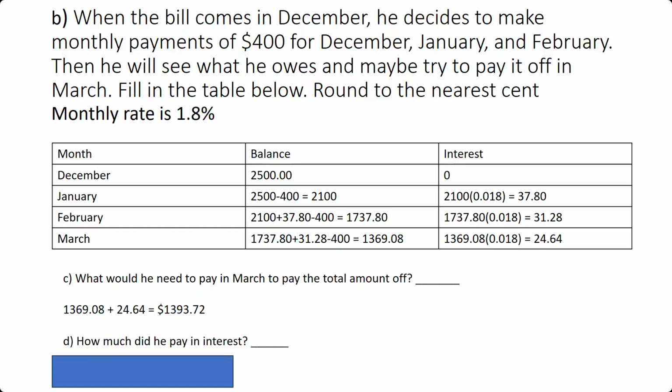So he would need 1393.72. Any questions on that? How do we find how much he paid in interest? Add up the interest column. So you get 93.72.